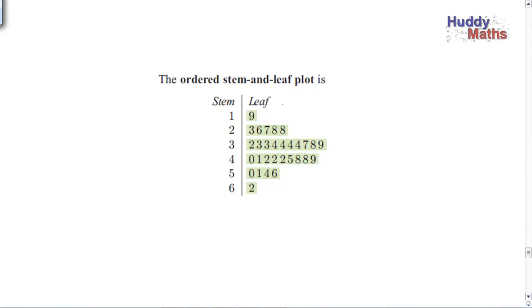What does that mean? Well, these are called the leaves, this is the stem, this is the leaf, and it's in order. 3 comes before 6, comes before 7. When you're doing the recording on that previous window, you might use a pencil and rub it out and put them all in order, because this makes it easier to see what's going on. The big advantage is you have all the original values available to you.